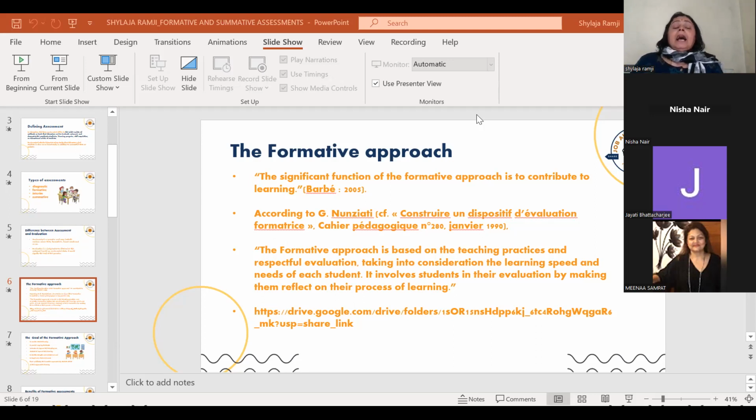Even the IB specifies that it is not what you learn, but how you learn that really influences student learning. Not only what, but how. Hence, a formative approach is of great importance when we try to facilitate a student's learning. All right.